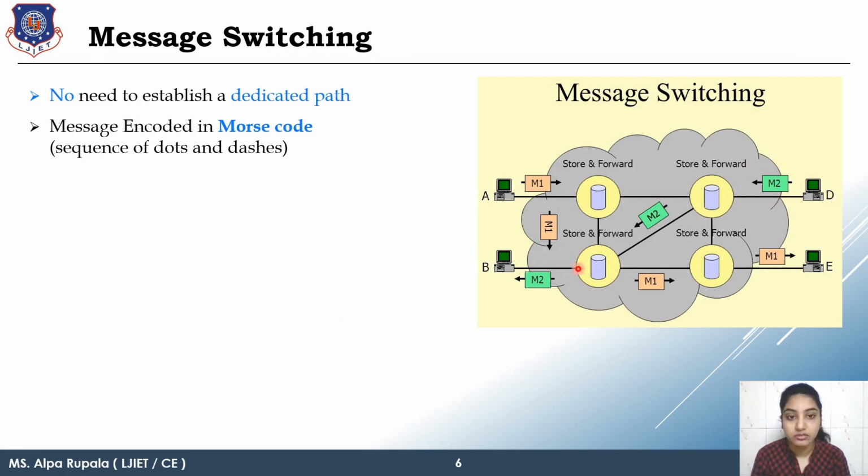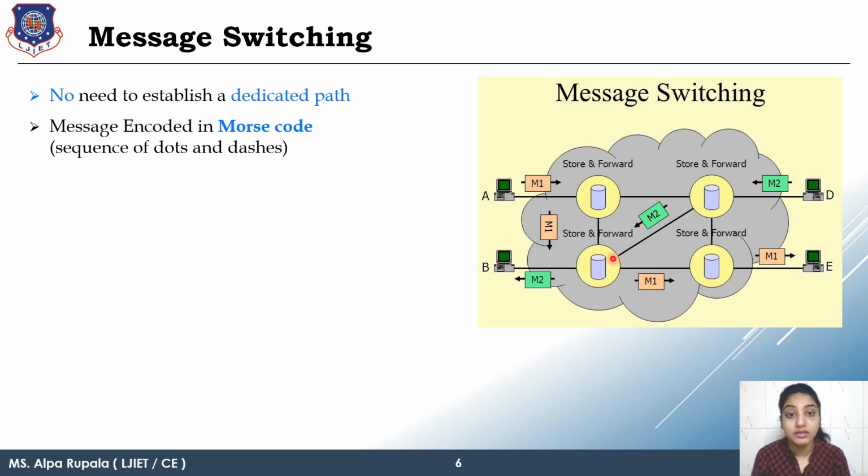Right now suppose there is another user using the same line, and there is a large amount of traffic on this particular route, then your message is stored in your storage network. So traffic congestion and traffic management are handled in message switching.